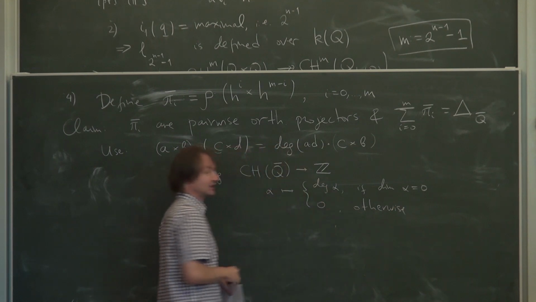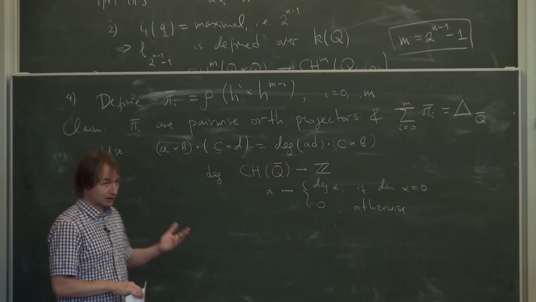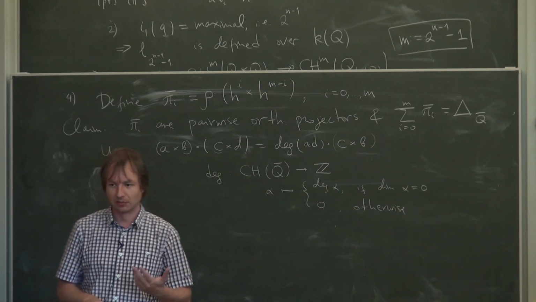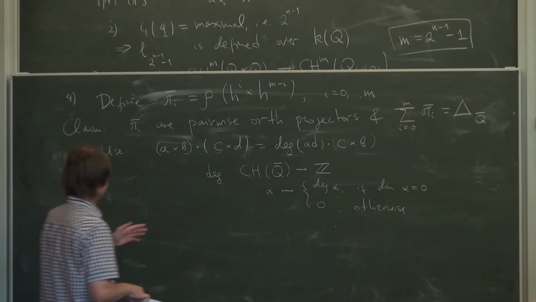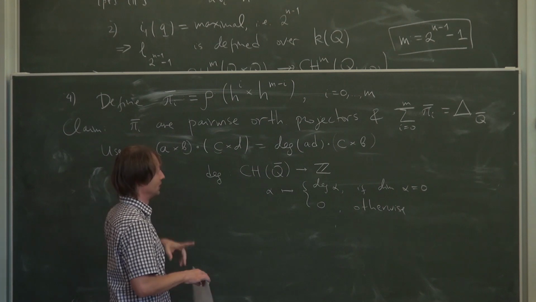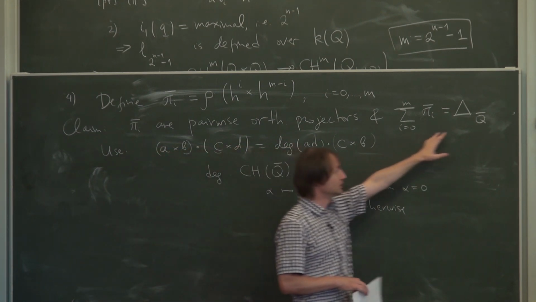So very often this is 0. Just using this concrete formula and the concrete multiplication table, one can really easily check that they are projectors, they are pairwise orthogonal, and their sum is the diagonal.